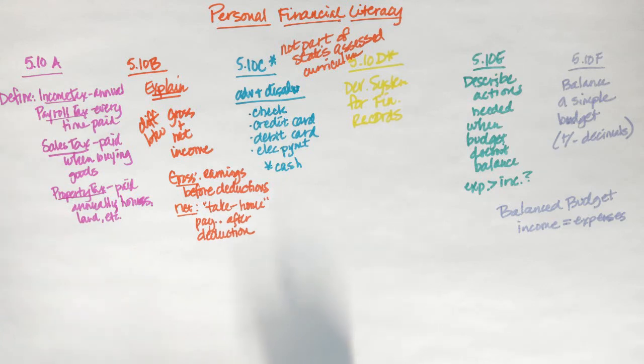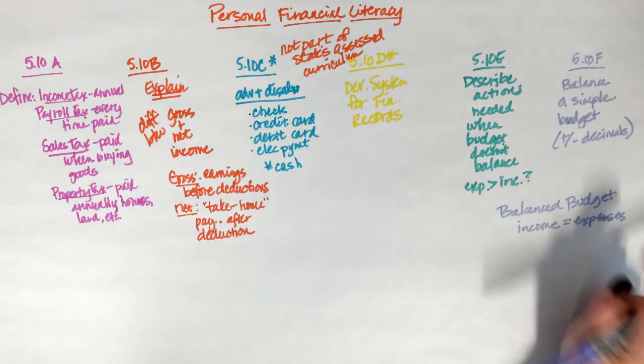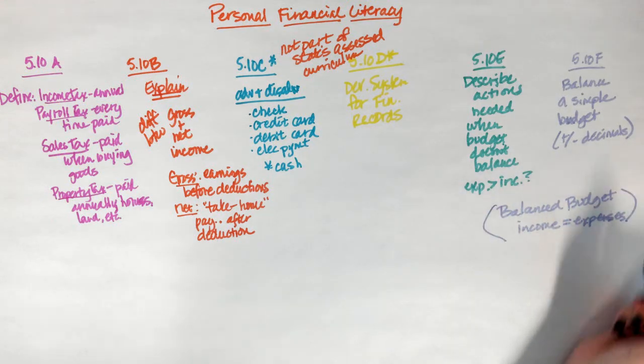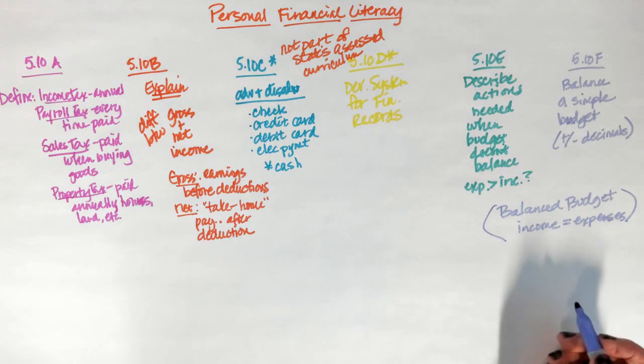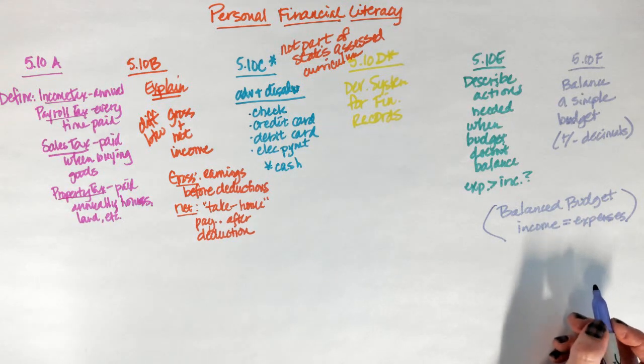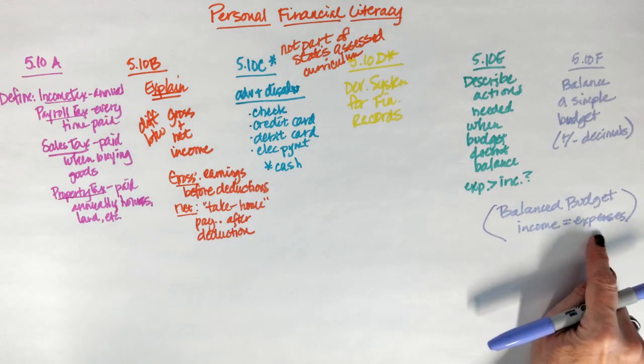So we could have an other category on a budget that allows us to have other expenses that may not be required needs-based expenses, those wants, and we can have a category for savings so that my income equals my expenses. This is what kids need to know about a balanced budget. Income equals expenses. So whatever decisions I have to make in order for my budget to be balanced, my income has to equal my expenses.